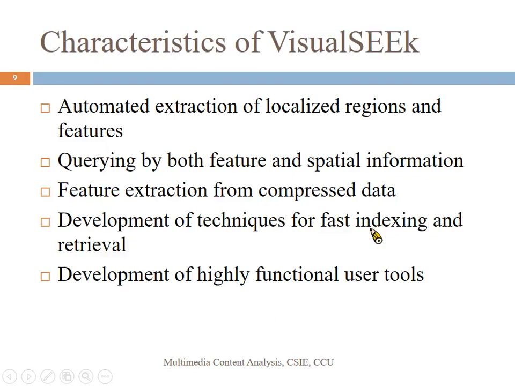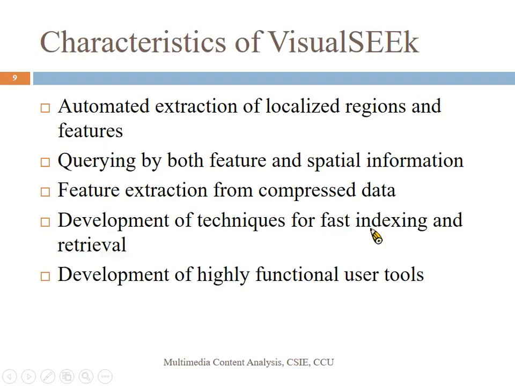So the characteristic of the VisualSEEK system is that they propose automatic extraction of local regions and features, and they enable query by both feature and spatial information, and they also propose some novel features and compressed data.